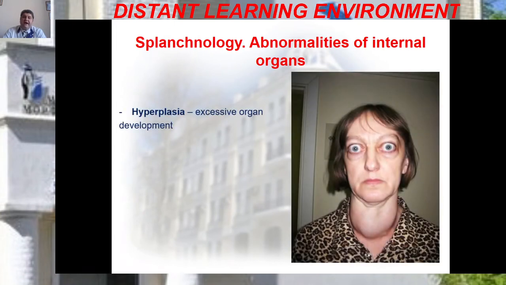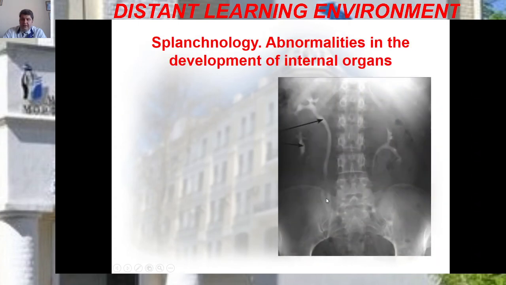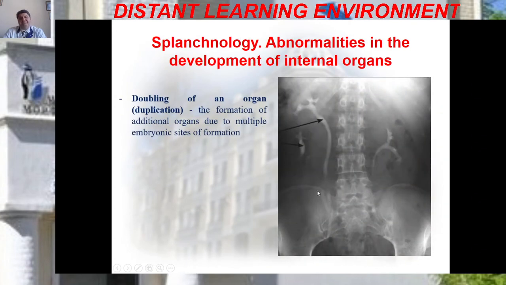Next, you can see hyperplasia, excessive organ development. For example, you may see the excessive development of the thyroid gland. Next, doubling of organ or duplication, the formation of additional organs due to multiple embryonic sites of formation.